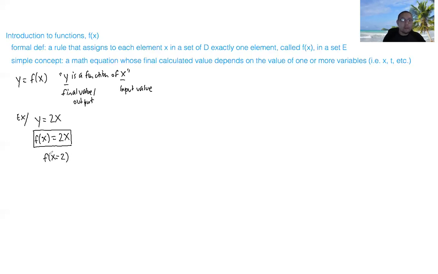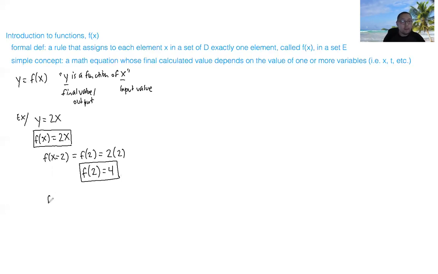All that means is I can write it like this, f of 2, and these two mean the same thing. Wherever I see an x in my function, I'm going to replace it with a 2. So in this case, it's going to be 2 times 2, and that's going to give me f evaluated at 2 is equal to 4.